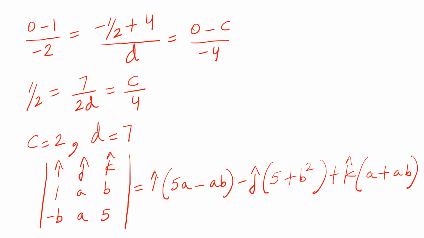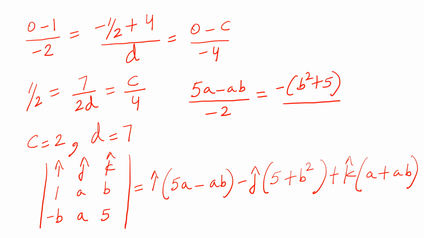So that means now I can write (5a - ab)/(-2) = -(b² + 5)/d, and d here is 7, and this is further equal to (a + ab)/(-4), right?